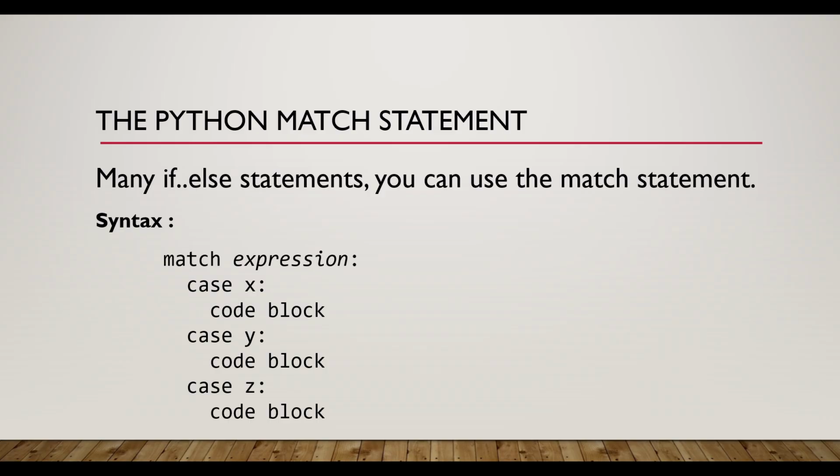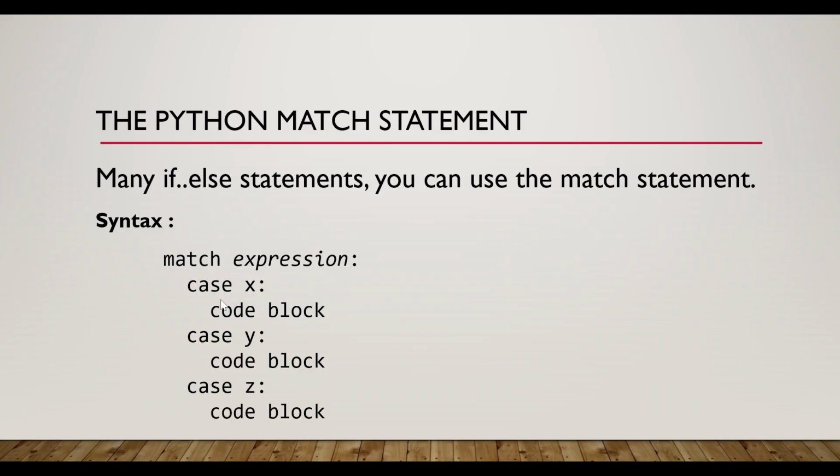In Python, indentation indicates the block of statements. In C language or Java, the block of statements is indicated with curly braces, but in Python the block of statements is indicated with indentation. Indentation means four spaces from the starting point. Now see the match expression.